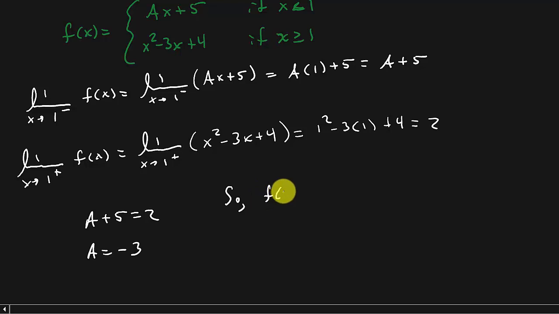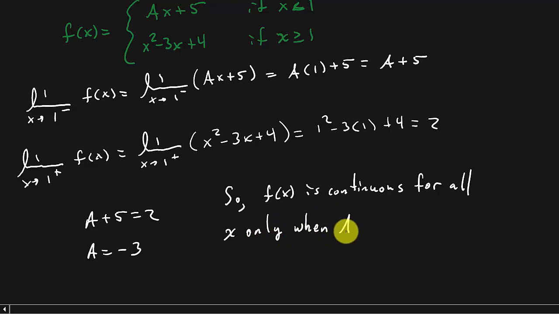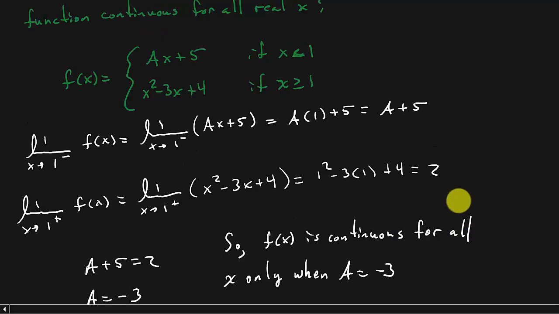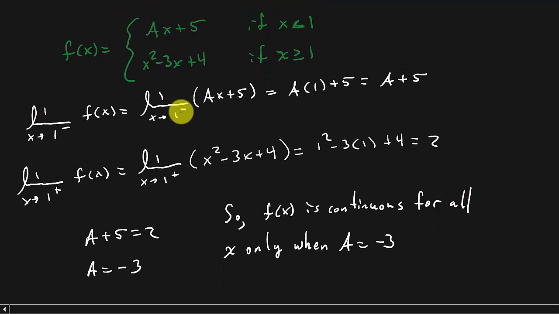So f of x is continuous for all x only when a is equal to -3. So that's what a would have to be. And for the limit to exist, a would have to be -3.